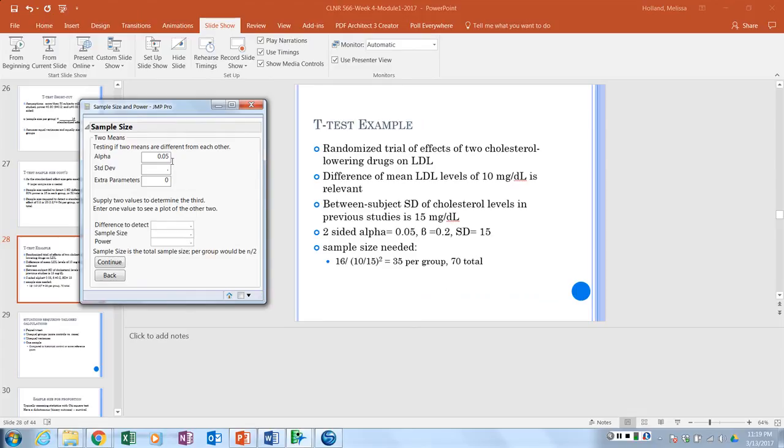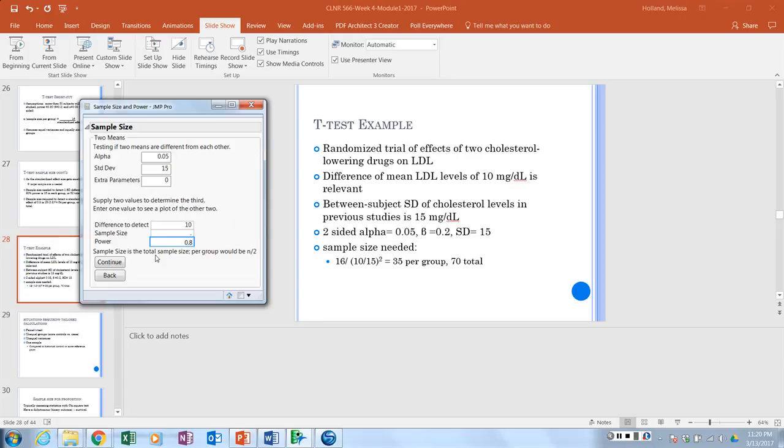So our alpha is 0.05, and you can see that's already entered in there for us. Our standard deviation we know is set at 15 in this case. Our extra parameter stays set at 0. The difference that we expect to detect, that's our delta, is going to be 10. We're going to leave sample size blank because that's what we're trying to determine, and then we want a power of 0.8.